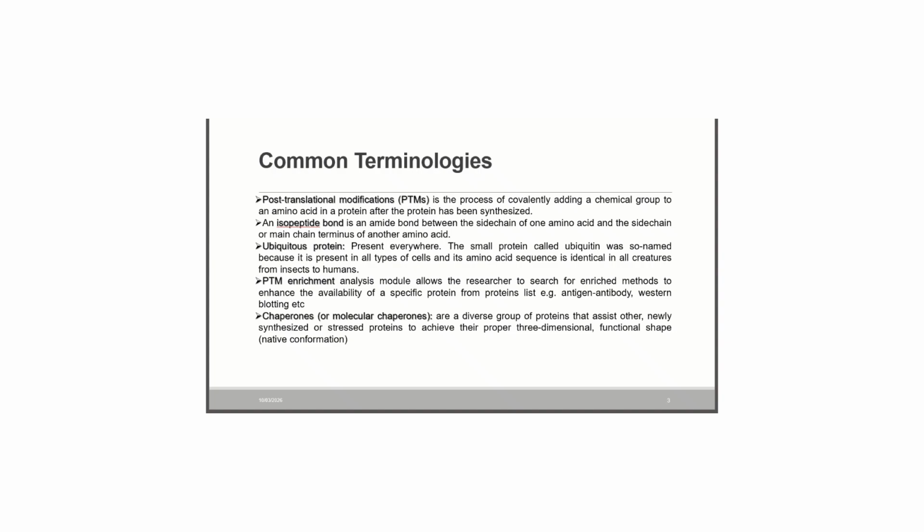The small protein called ubiquitin was so named because it is present in all types of cells, and its amino acid sequence is identical in all creatures, from insects to humans. That's why I call it a ubiquitous protein. The chemical name is ubiquitin. It's a small protein, and it plays a major role also as one of the methods of post-translation modifications to the proteins.